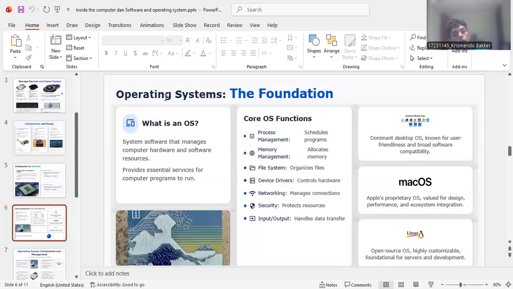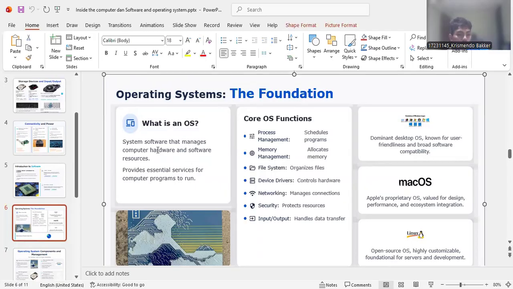Now we go to the operating system, the foundation. What is an OS, operating system? It is system software that manages computer hardware and software resources, providing essential services for computer programs to run.